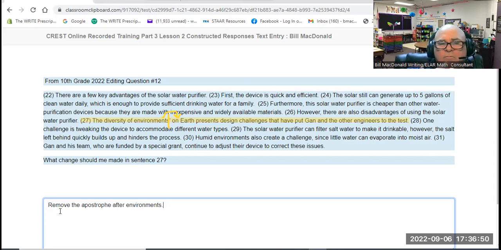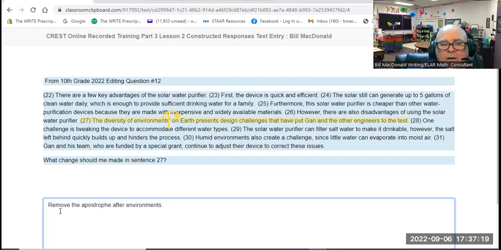because we need a word or a phrase, I don't necessarily need a whole sentence because we're just practicing the words, the phrases, and the numbers. So if all your kids had was apostrophe after environments, that would be a phrase.